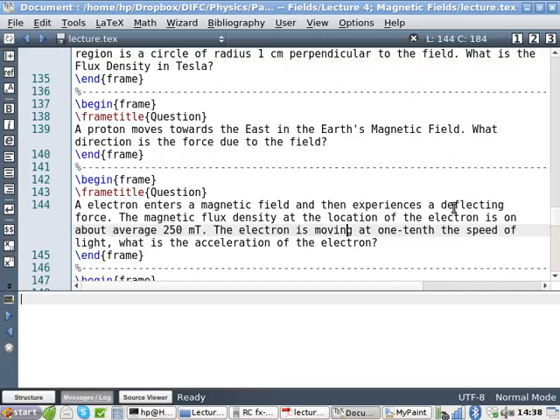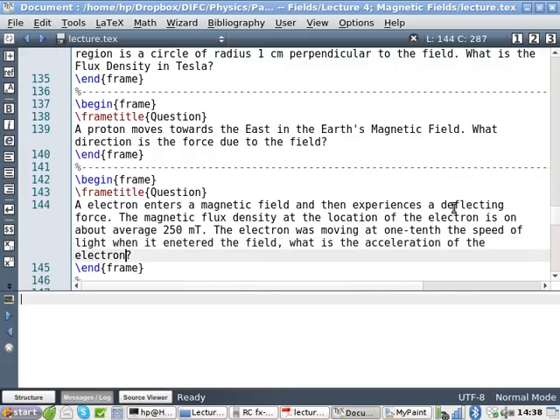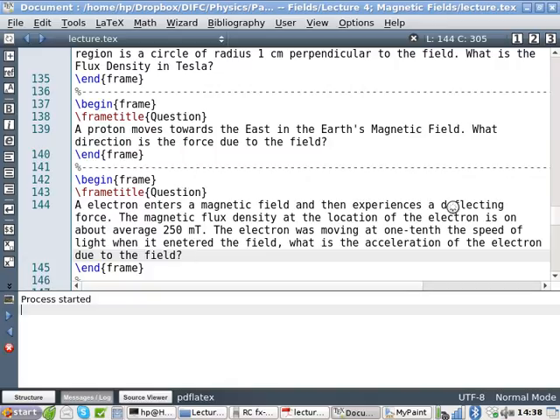The electron was moving at 1/10 the speed of light when it entered the field. What is the acceleration of the electron due to the field? I think there were two mistakes. At some point over the summer I had to read through all my slides again and fix the typos. It's the physics I care most about.